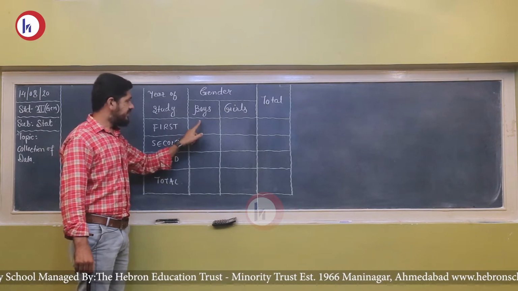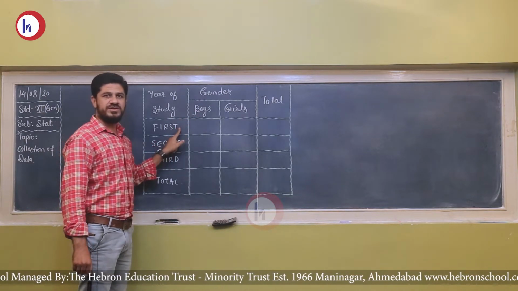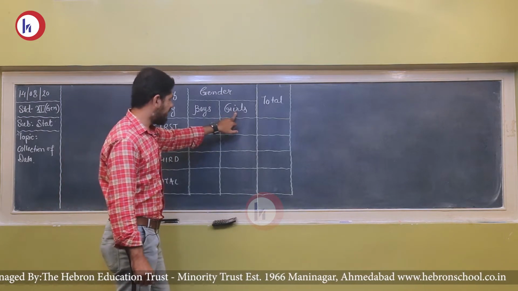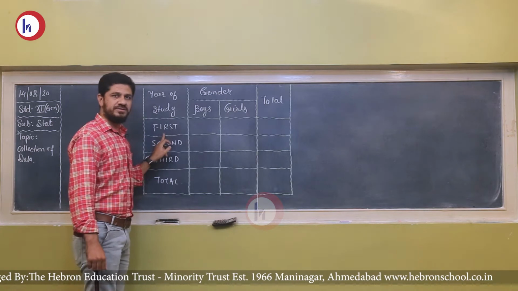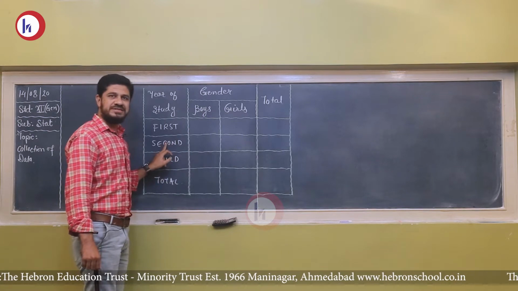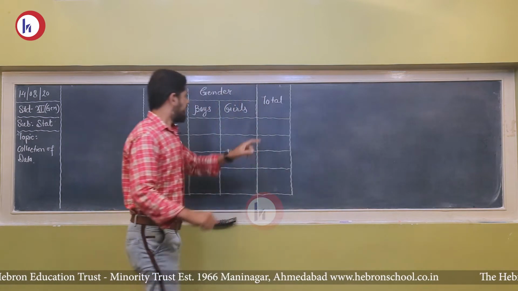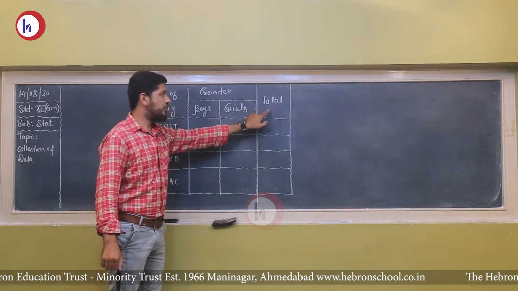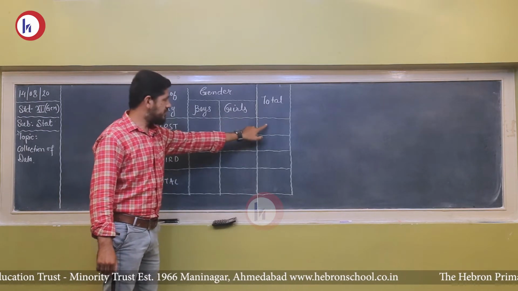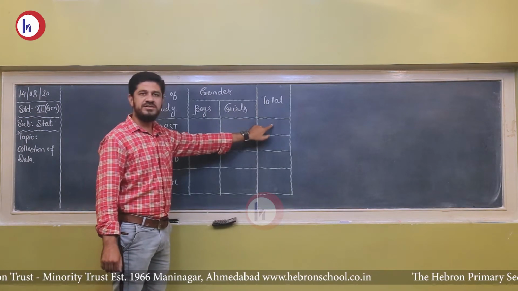So this block indicates the number of boys who studied in the first year. Now this block indicates the number of girls who studied in the first year. This block indicates the number of boys who studied in the second year, and you can understand the other blocks. Now this block indicates the total students who studied in the first year, the number of boys plus the number of girls in the first year.